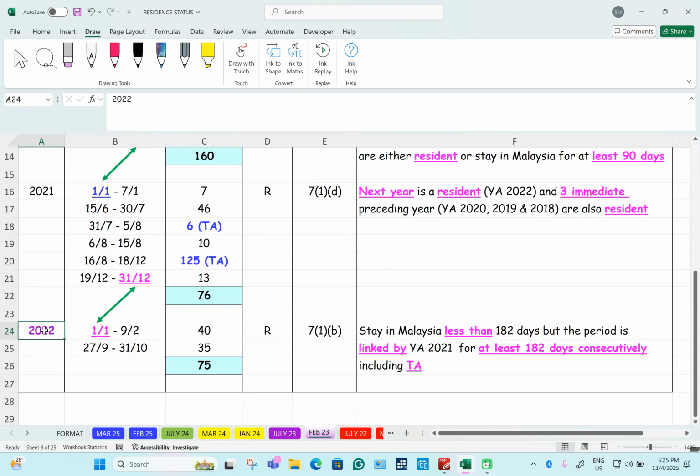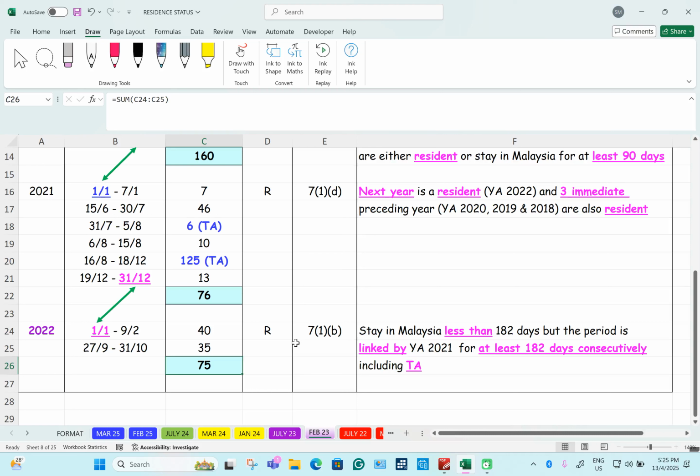Okay, 2022 is not a leap year. Calculate the number of days first. January 31 plus February 9, so you will get 40. And then 27 September: September 30 minus 27 plus 1, plus October 31. Total number of days is 75 days.